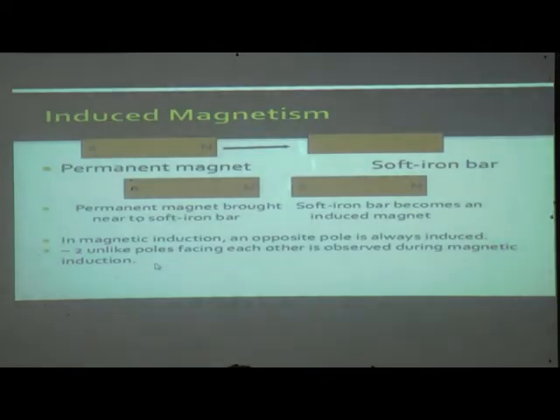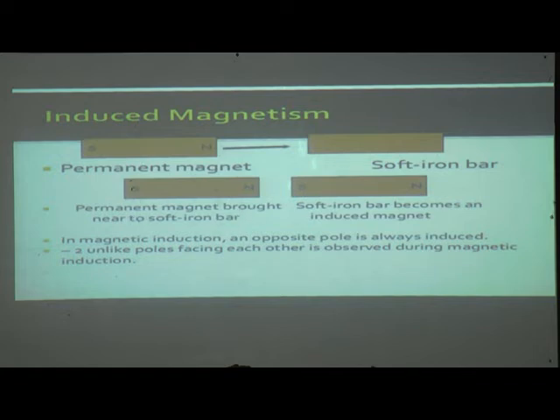Okay. Now next, induced magnetism. So induced magnetism is the next concept from this lesson. So here you can see a permanent magnet is here and soft iron bar is here. So this is not a magnet, this is a soft iron bar, and here this is a permanent magnet. So permanent magnet is brought near to the soft iron bar.